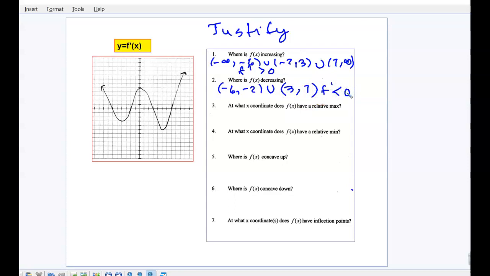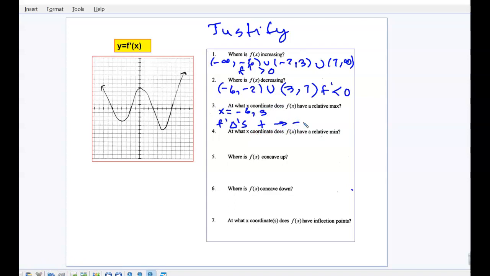At what x coordinates does f have a relative maximum? Remember, from our first derivative test, relative maximums occur where the derivative changes from positive to negative. That's where it's going from above the x-axis to below the x-axis. So at x equals -6 and at x equals 3, that's where f prime changes from positive to negative.